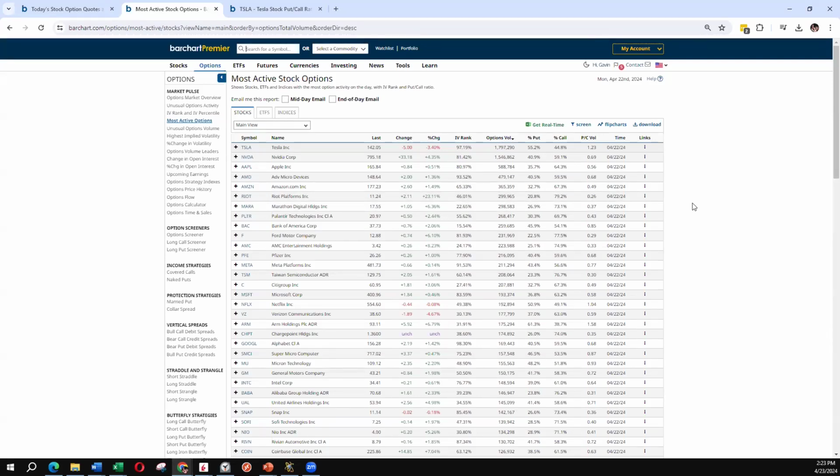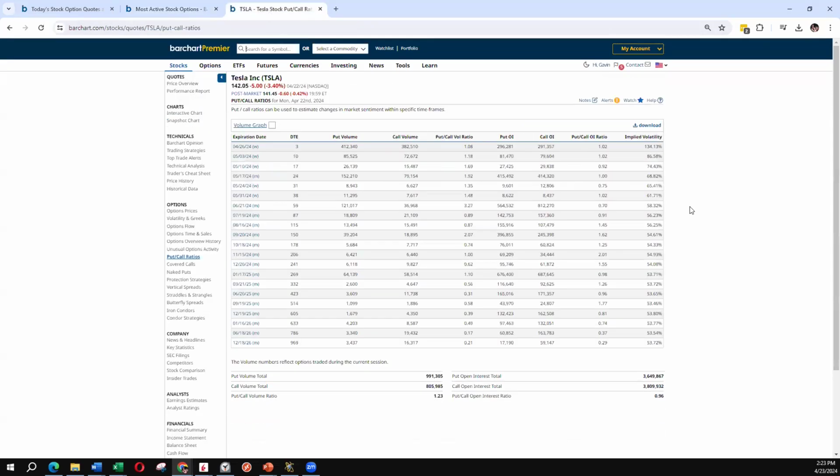The last place of interest is to look on the actual stock page. And then if we go down under options, put call ratios, we can see the put and call volume across every expiration date. And then we're getting an individual put call ratio for each expiration date. And then down the bottom, we've got our total put volume, total call volume, and our overall put call ratio.